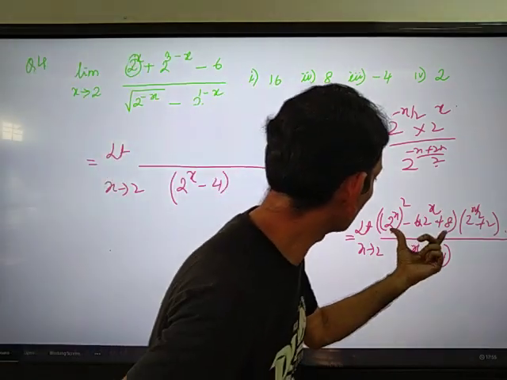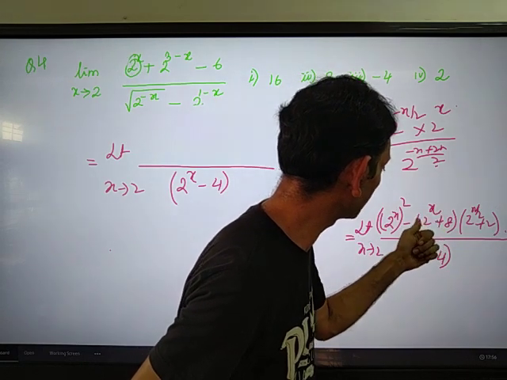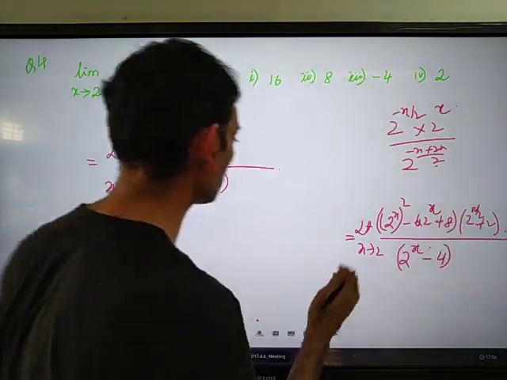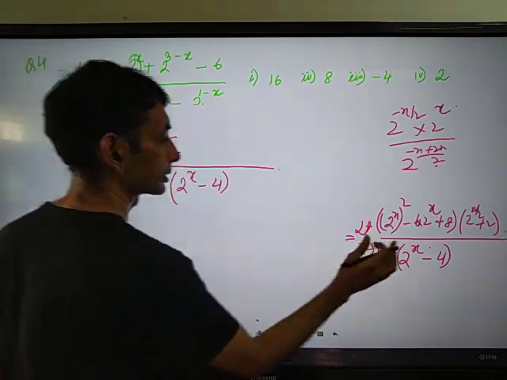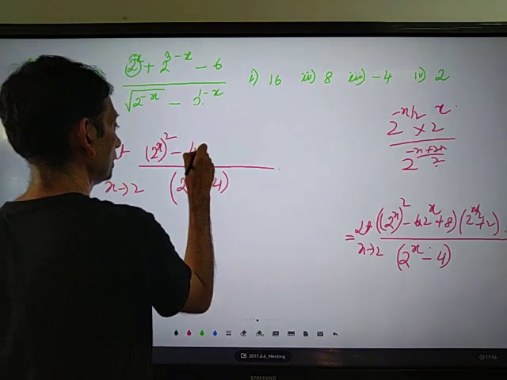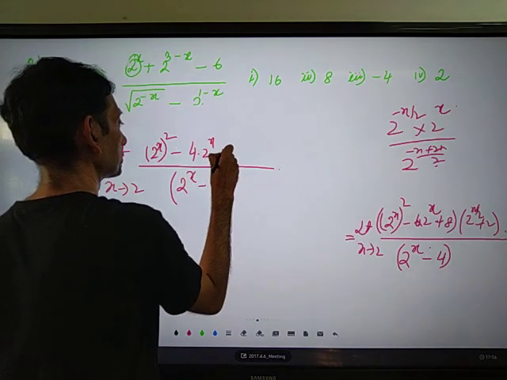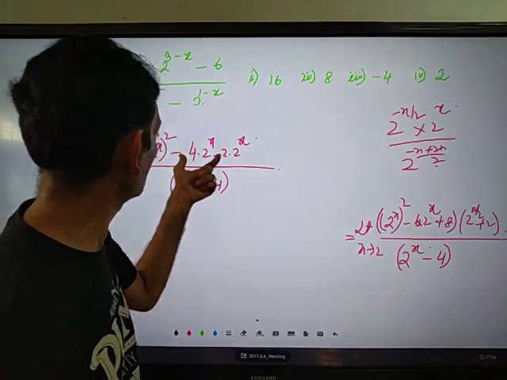We'll try to factorize these expressions, like 2 to the power twice x minus 6 into 2 to the power x plus 8. So can you write this expression like that? 2 to the power twice x, and this 6 into 2 to the power x can be written as 4 into 2 to the power x minus 2 into 2 to the power x. You can just write this. Minus 6 can be written as minus 4 minus 2.